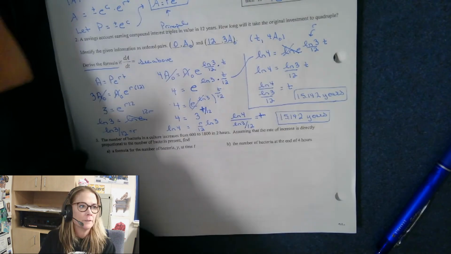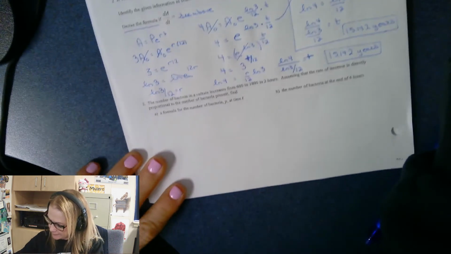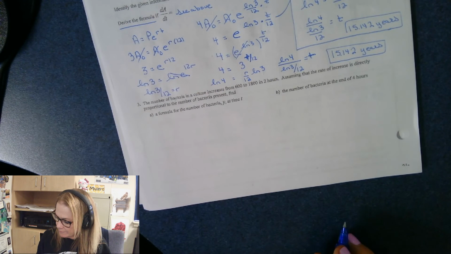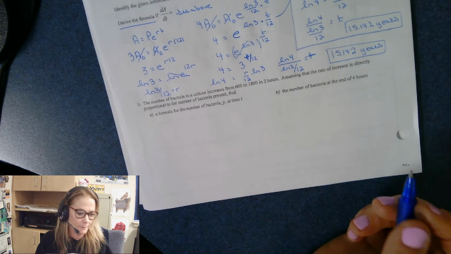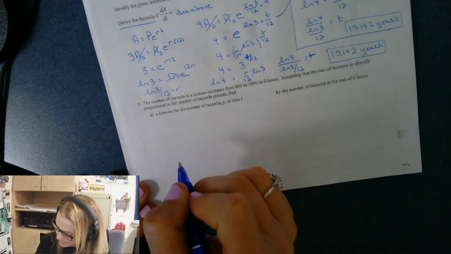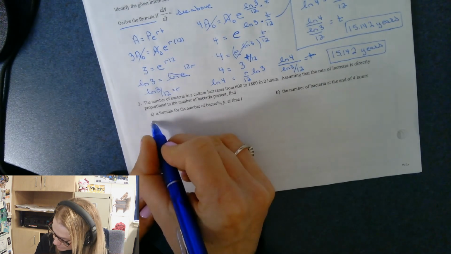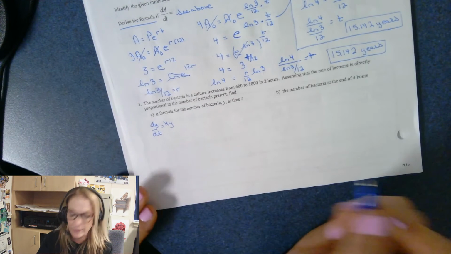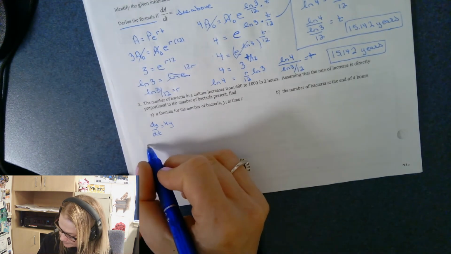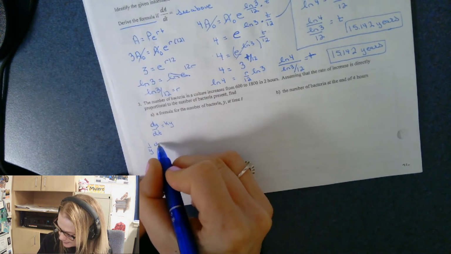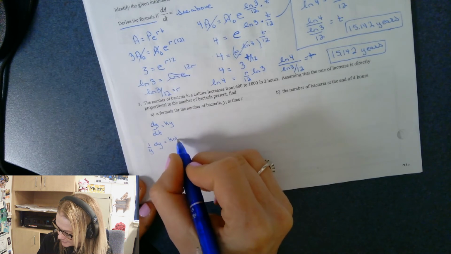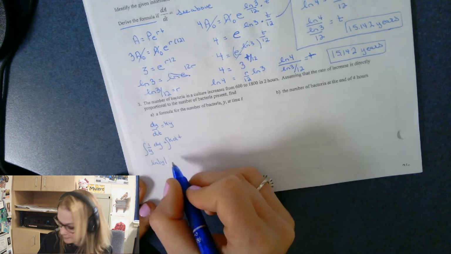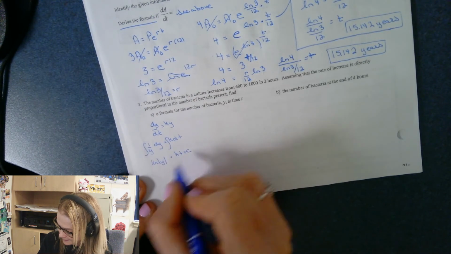So hold please. Okay, so the number of bacteria in a culture increases from 600 to 1800 in 2 hours, assuming that the rate of increase is directly proportional to the number of bacteria present. Find. Okay, so this is the law of exponential change. So you can go through and do dy dt equals ky and do a quick derivation here. So 1 over y dy equals k dt. Integrate, ln y equals kt plus c.